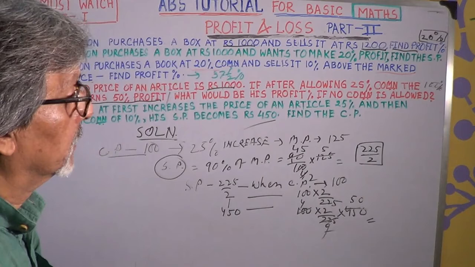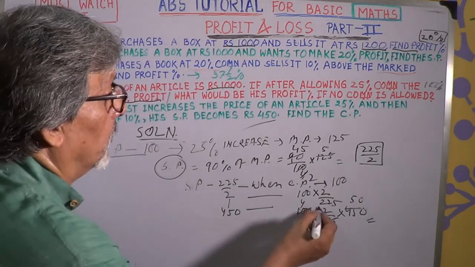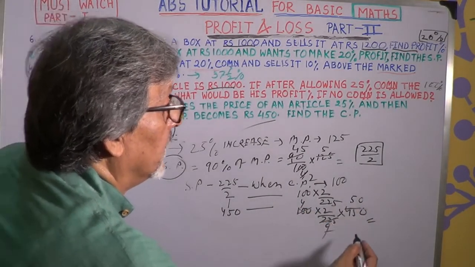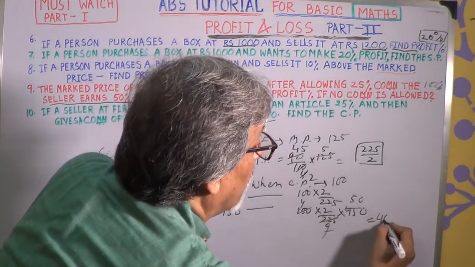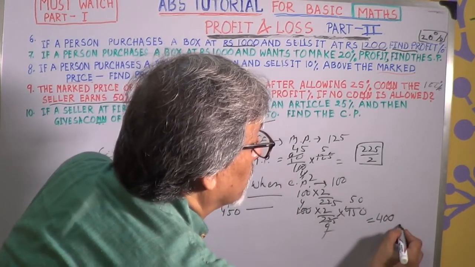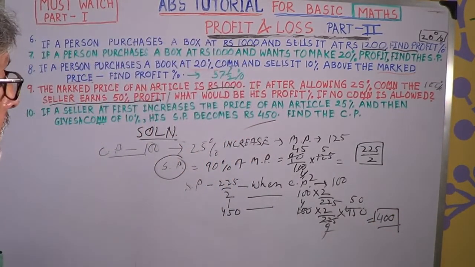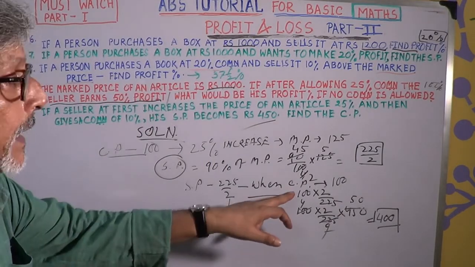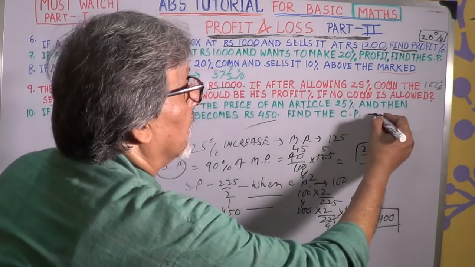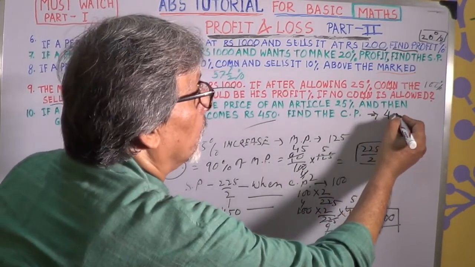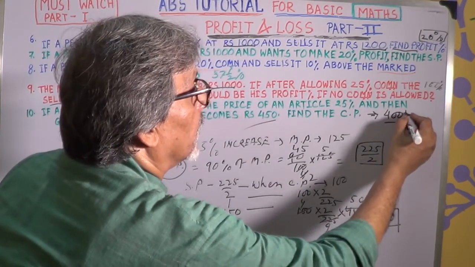So the cost price will be 4 2s are 8, 8 5s are 40, and this 0. This means rupees 400 is the cost price. So find the CP. The answer will be rupees 400.